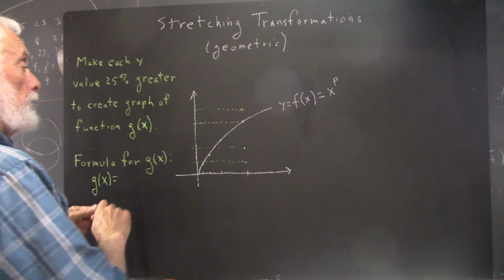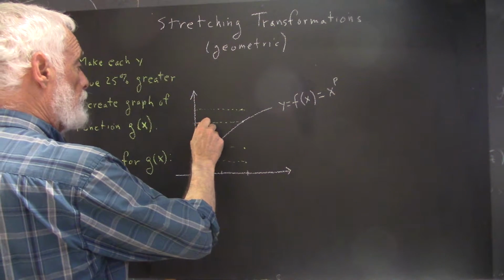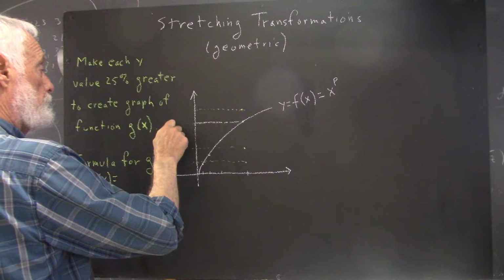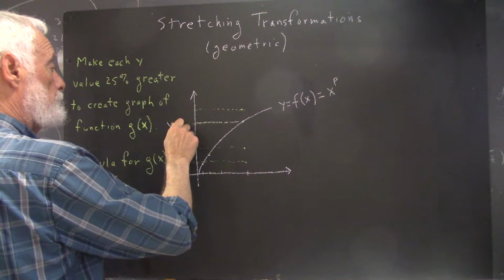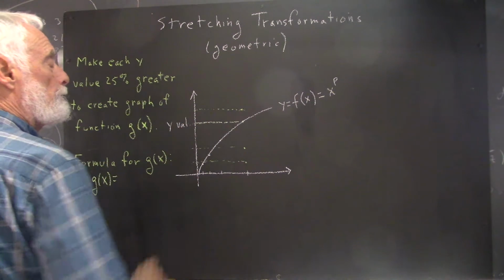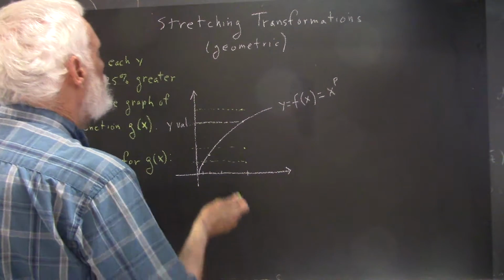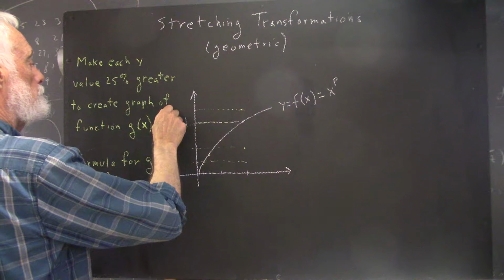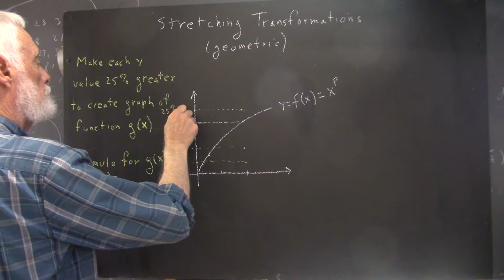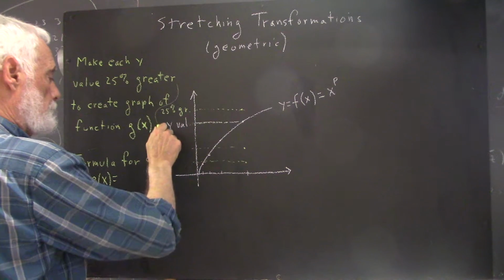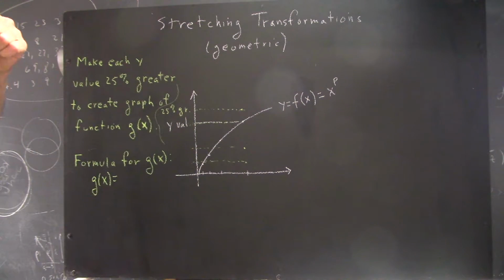So here's our y value. Let's make that a kind of a white dotted line. And then 25% greater. I had to abbreviate that to leave myself enough room here.